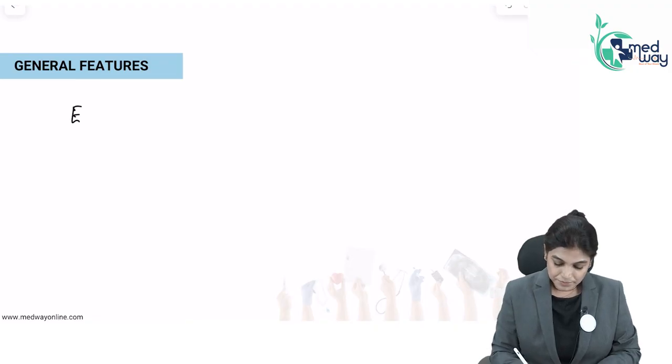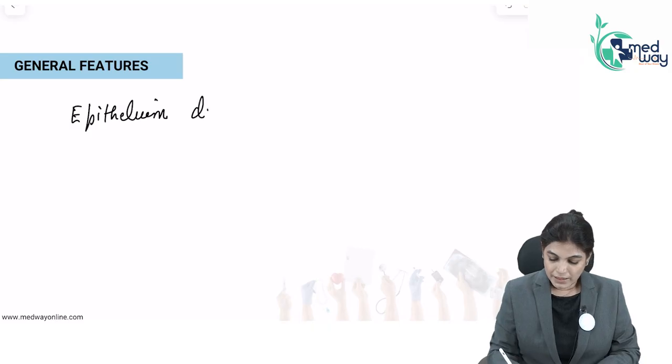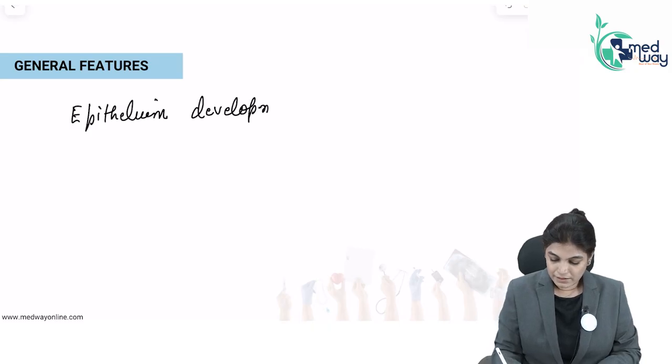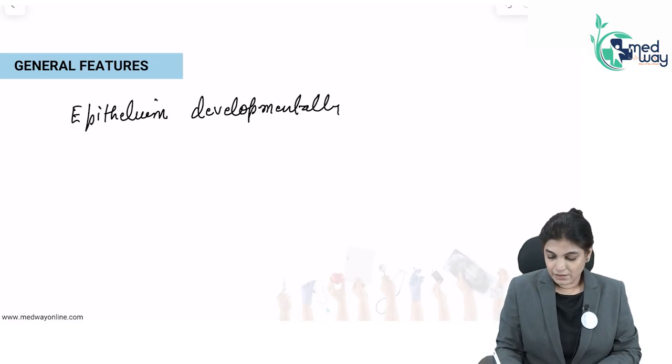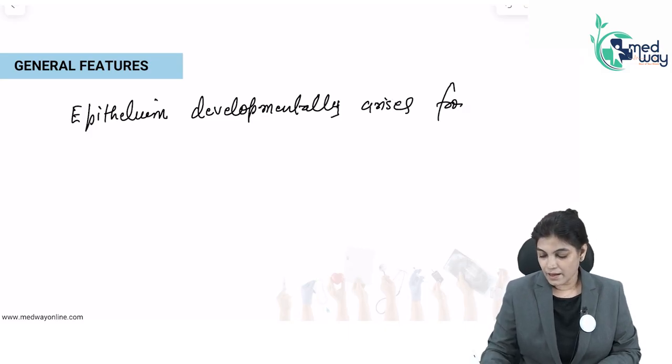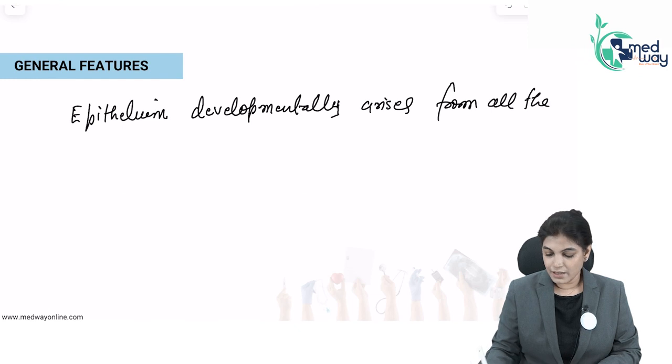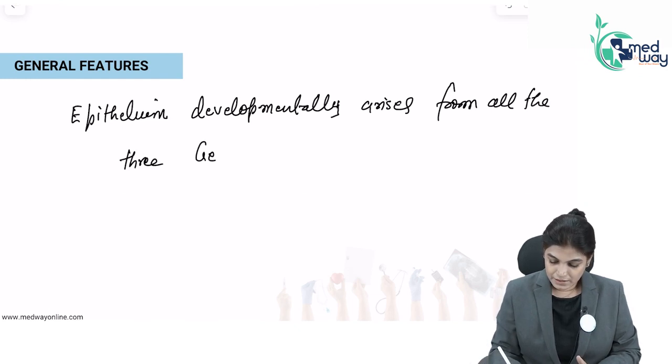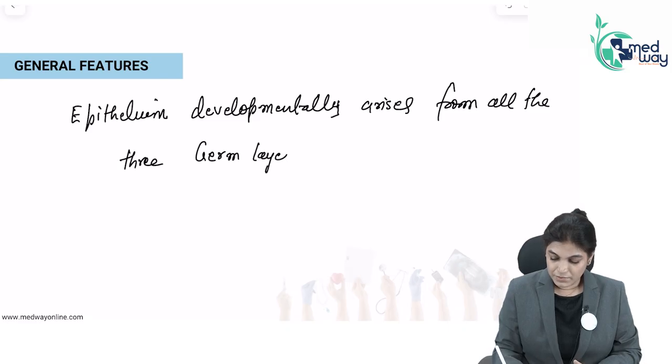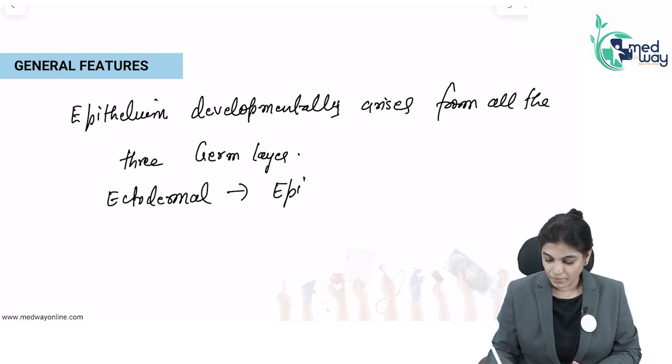If I talk about epithelium, it developmentally arises from all three germ layers. What does that mean? That means it is ectodermal in origin, as the epithelium of the skin.